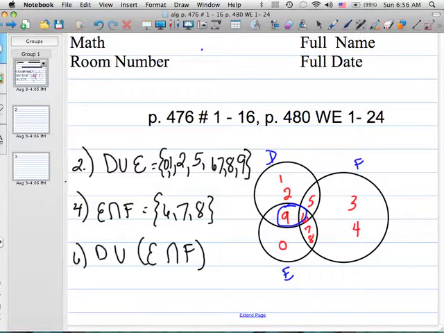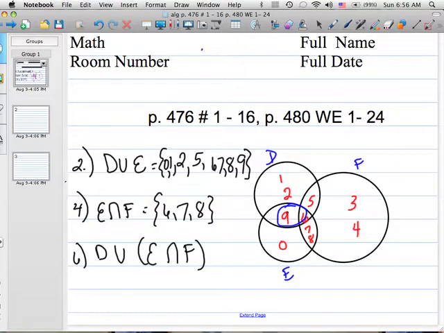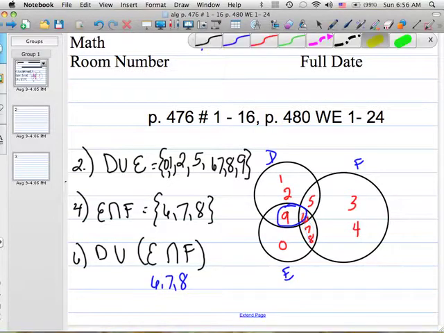So E intersection F would be right here. So that gives us 6, 7, 8. So that's 6, 7, and 8.